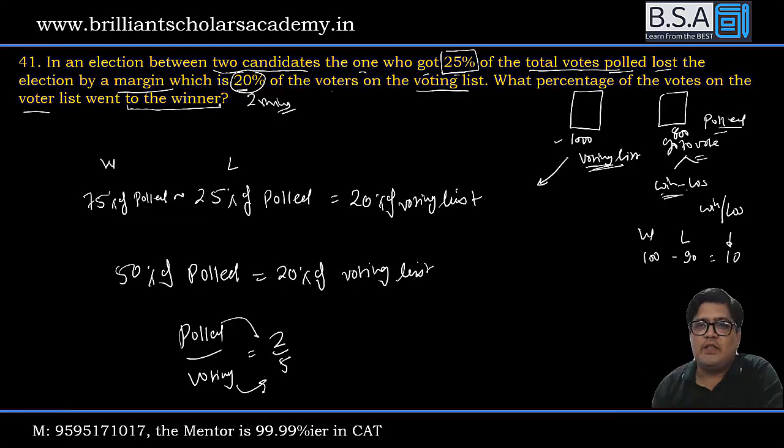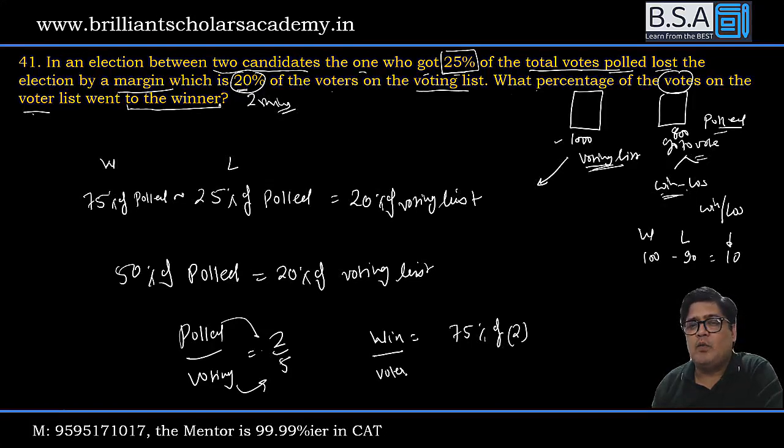So what is the question? What percentage of votes on the voter list went to the winner? The winner is getting 75% of 2 votes, 75% of polled. How many people are there on the voter list? According to me, 5 people. So you're asking me what is this percentage?